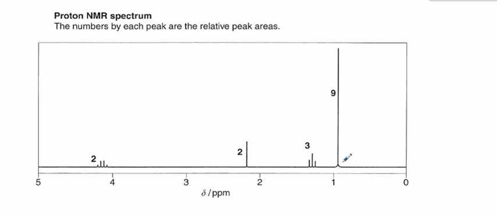So here at about 0.9, with an area of 9, we've got an RCH. Now it's a singlet, so there's no adjacent carbons. So I'm going to suggest at this point that that is CH3, CH3, CH3.